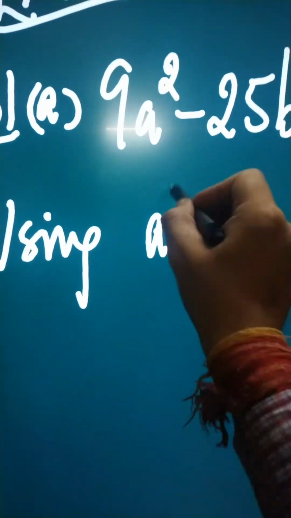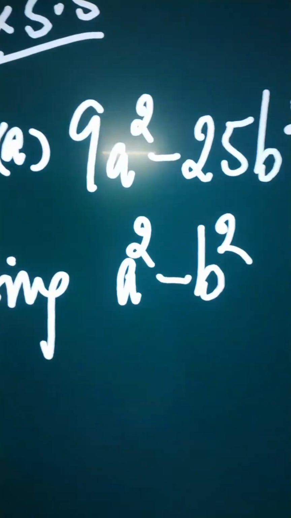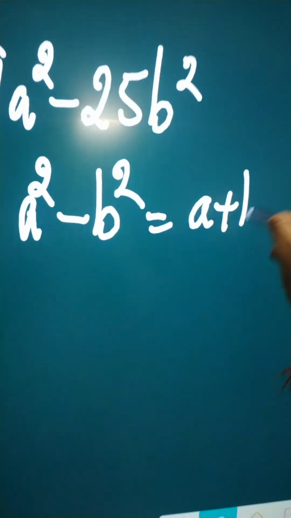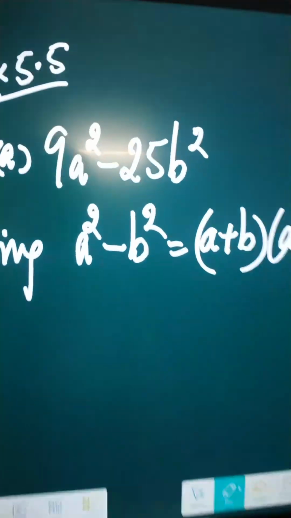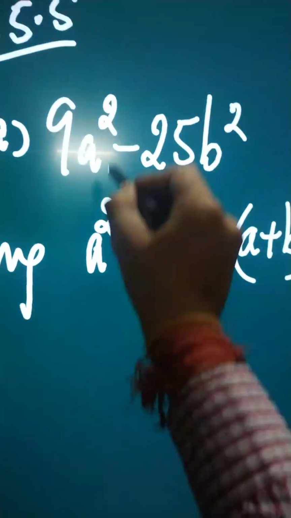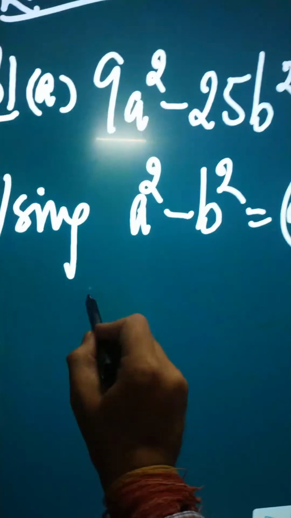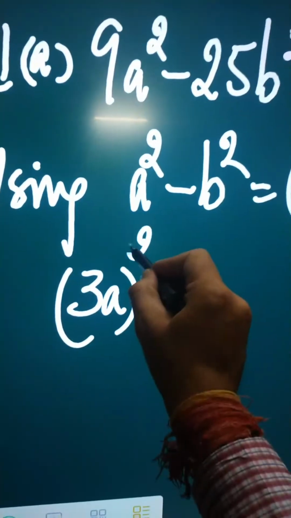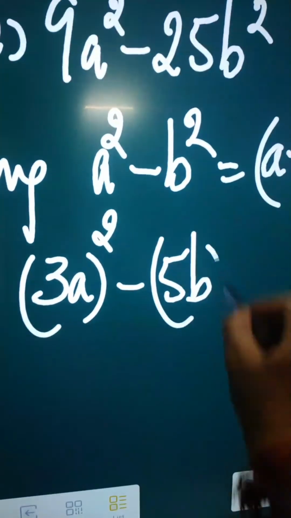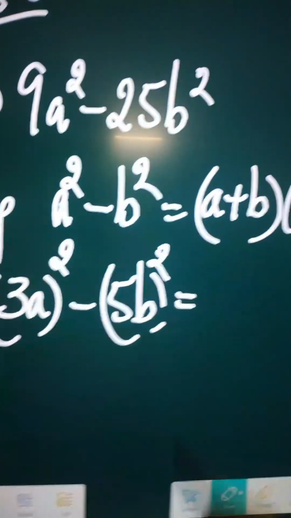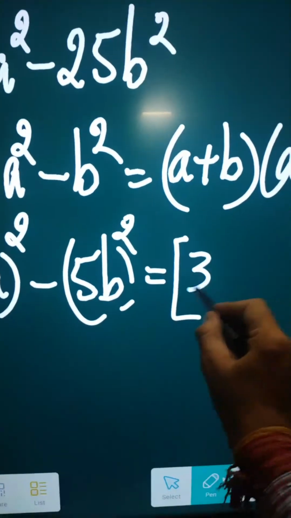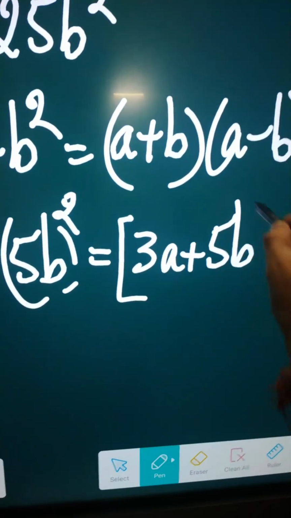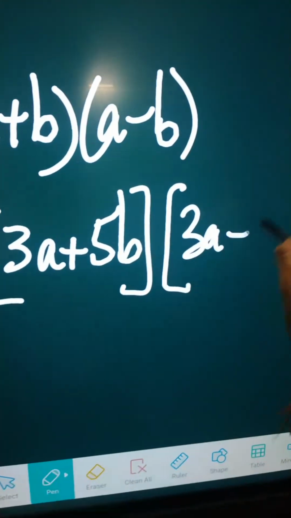You will write using the a square minus b square formula, which is equal to a plus b into a minus b. What is a plus b? This is a and this is b. So a plus b and a minus b.